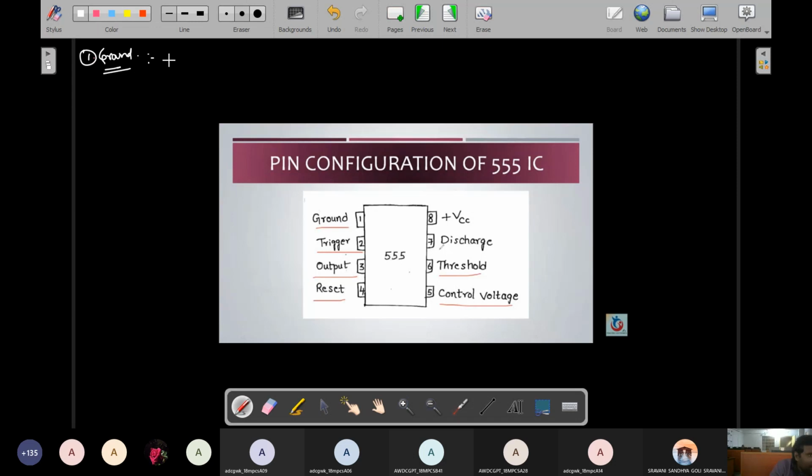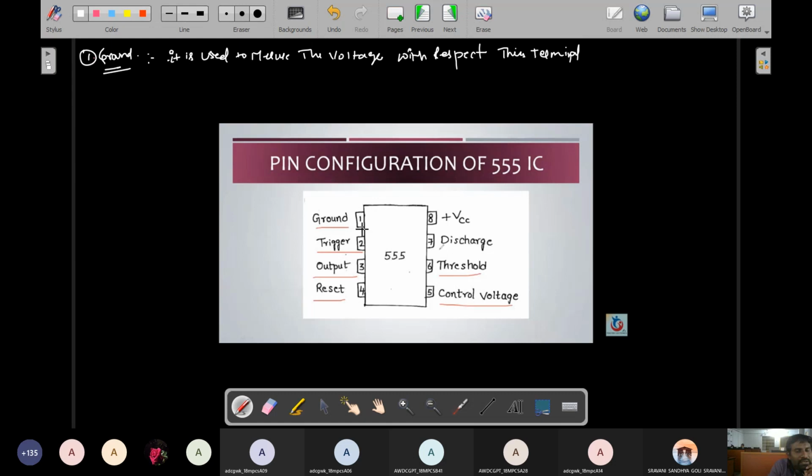It is used to measure the voltage with respect to this terminal, meaning the ground terminal. It is a comparison terminal.